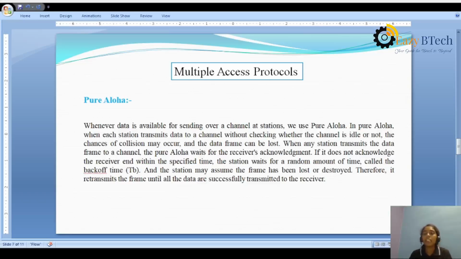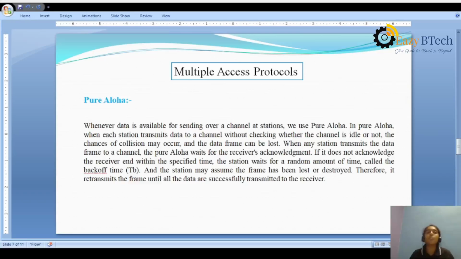If the sender doesn't receive any acknowledgement from the receiver, it will wait for a random amount of time, called the back-off time. If in this time also the sender doesn't receive any acknowledgement, the sender identifies that the frame has been destroyed or lost.